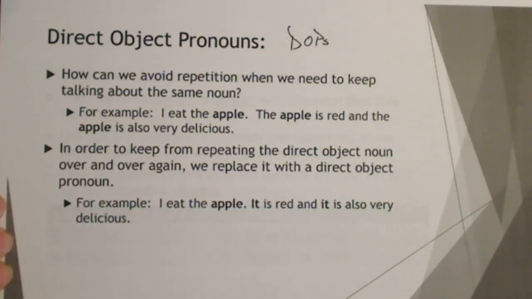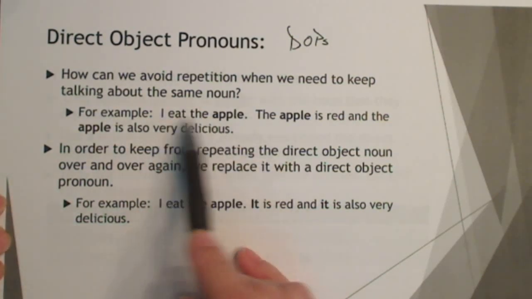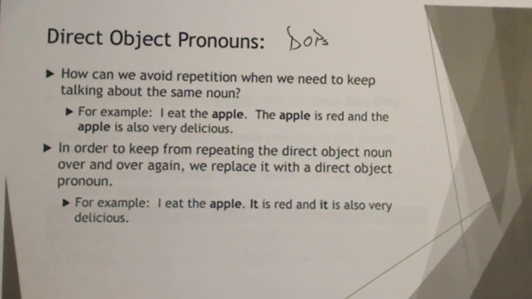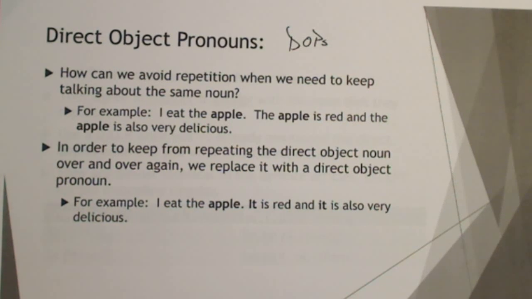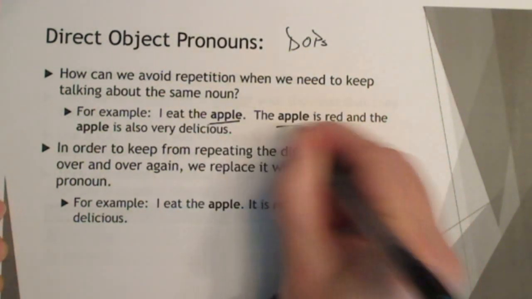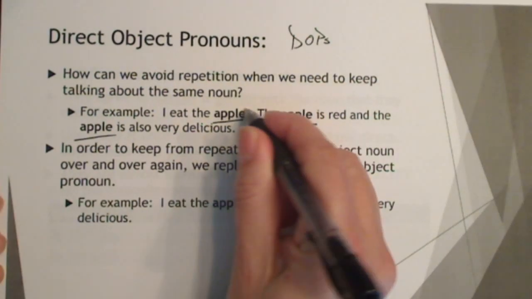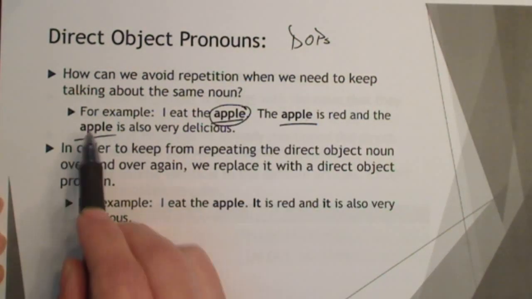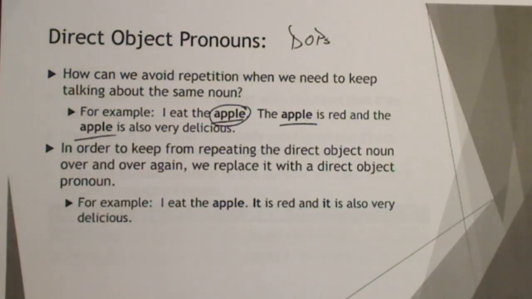Okay, so for example, if I'm talking about an apple and I say, I eat the apple, the apple is red, and the apple is also very delicious, I kept saying apple, apple, apple. After the first time, I didn't really have to say apple so many times again because you already knew what I was talking about if I said that it was red and delicious after saying that I'm eating an apple.